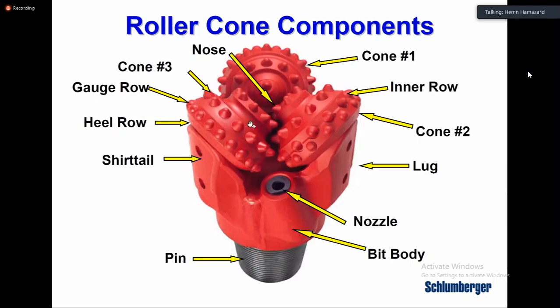These rows or cutters must be in 2 parts because we will need it later on for the IADC Dull grading analysis. This part, as you see my mouse cursor, these are called inner row, inner teeth. And then these are called outer.